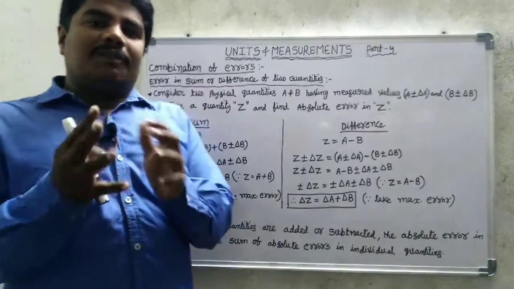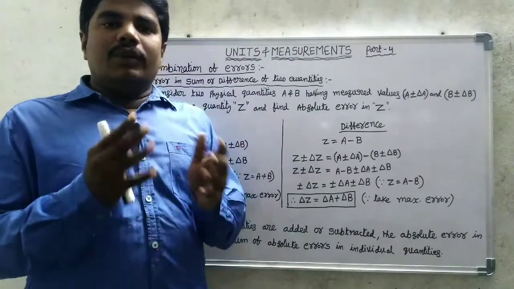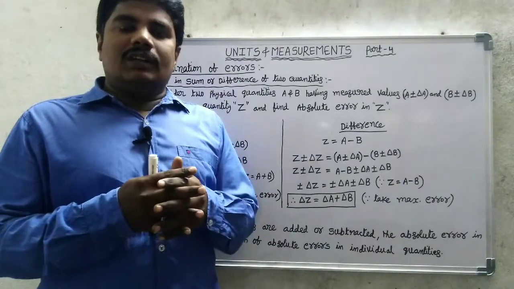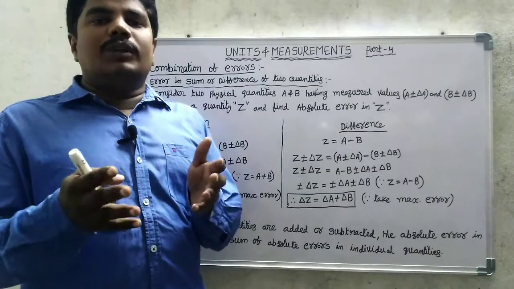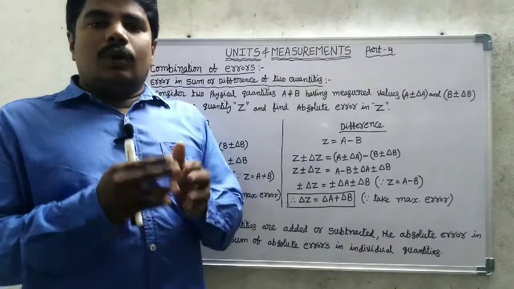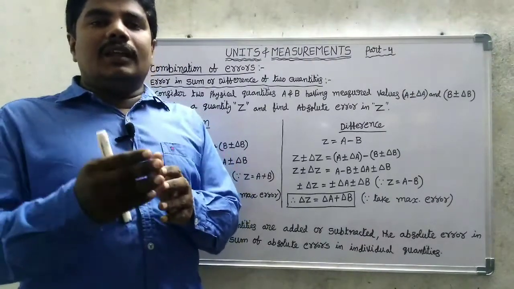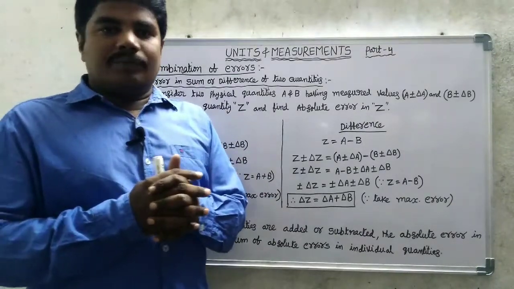Actually, to get the final result, we do addition, subtraction, multiplication, and division. Sometimes we do all of these. Now we learn how the error is combined in various mathematical operations.